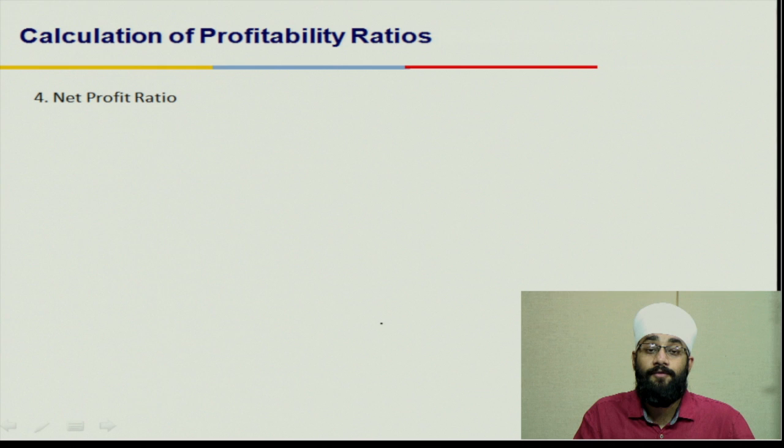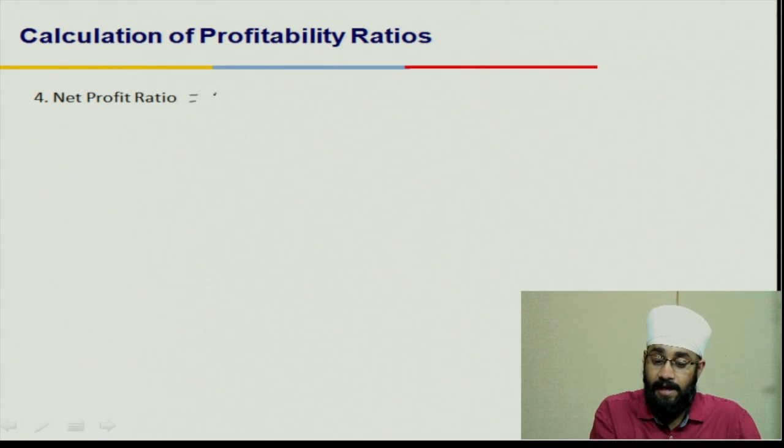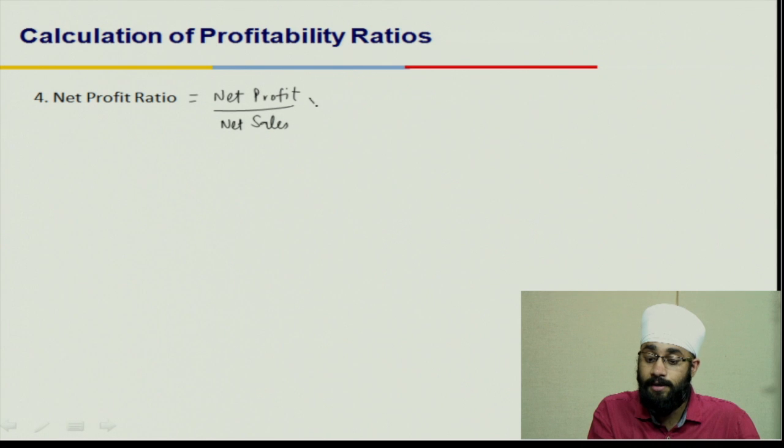Let's now look at the fourth ratio, which is net profit ratio, and it is as simple as gross profit ratio. You need to take the figure of net profit, divide this by net sales, and multiply by 100. We have done this over and over, and we remember that 13,000 is the net profit figure and 120,000 is the sales figure.